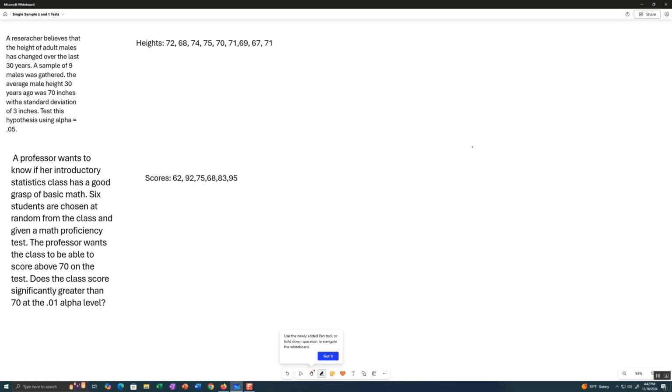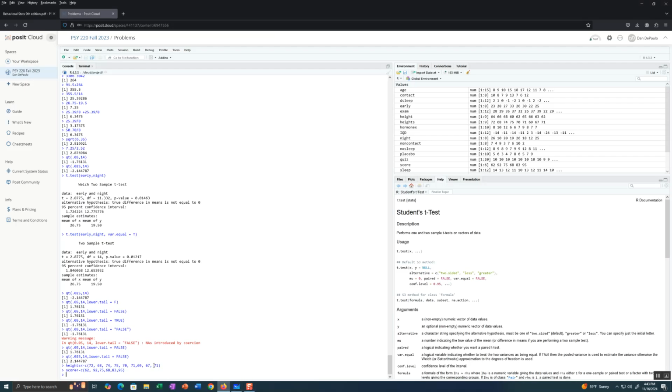And we know the one sample Z-test, Z equals the mean of the sample minus the mean of the population over sigma, the population standard deviation, divided by the square root of n. So in this case, the mean of the sample we have to compute from this sample, so I'm going to do that in RStudio.